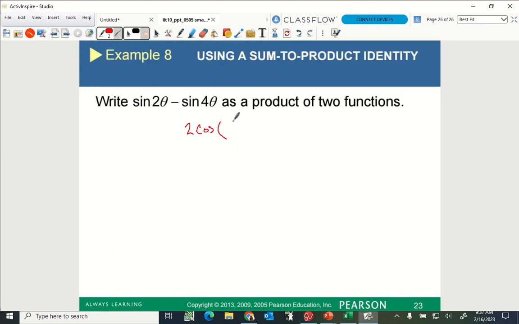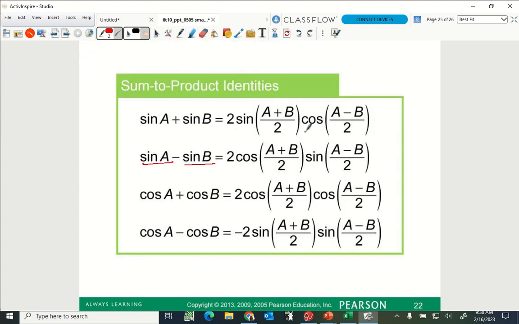My A is 2 theta plus B 4 theta, and that is divided by 2. Is that making sense or am I nonsense right now? Still good? All right, so the next part is, again, sine, now it's sine of A minus B over 2.